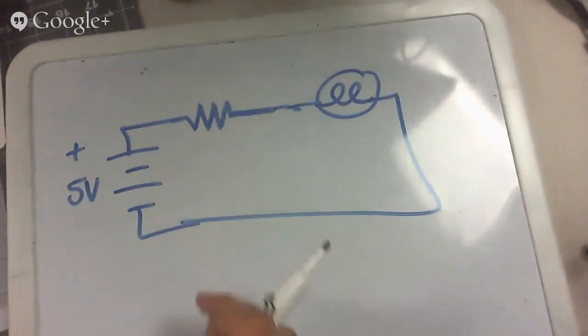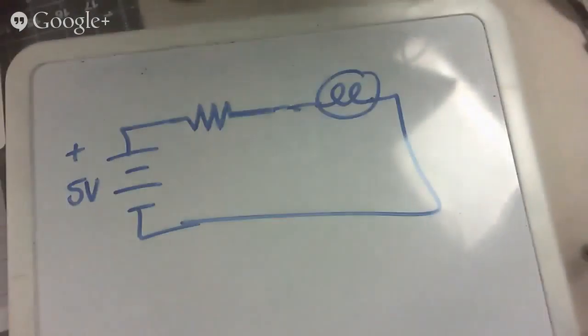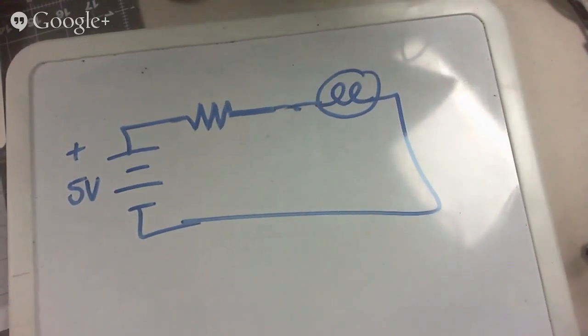So a resistor introduces resistance. Now the reality is every component, and we're going to talk about some of them, capacitors, inductors, even the wire, has some level of resistance. It may be very small, but almost everything wants to resist electrons from flowing.